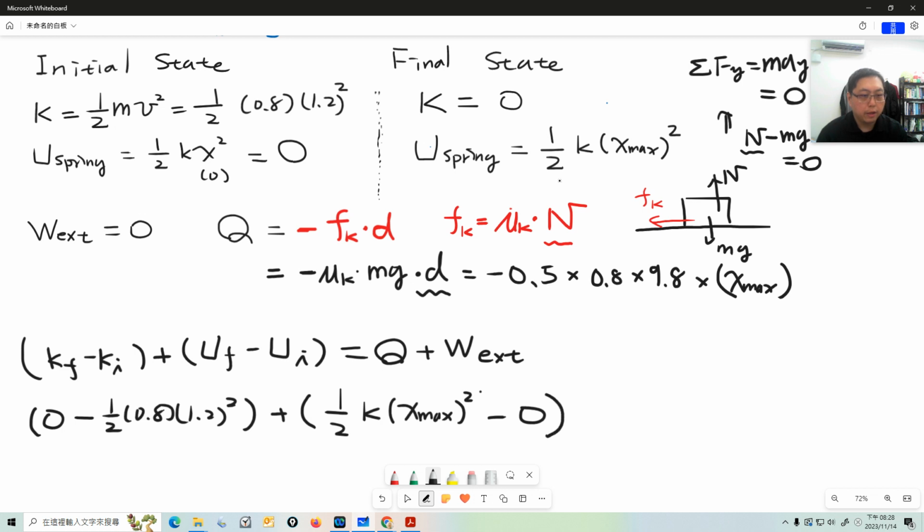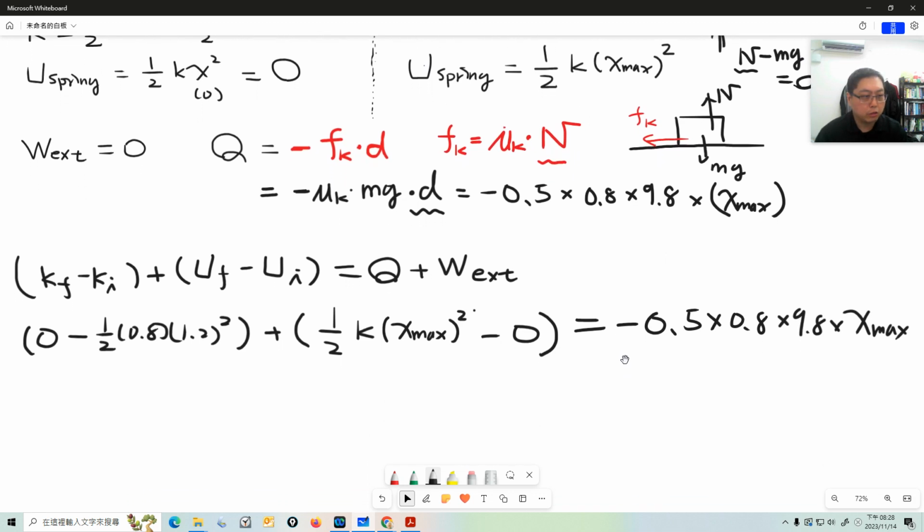And this equals Q, which is minus 0.5 times 0.8 times 9.8 times x max. W_ext is 0, so it's good. So we have reached this equation.